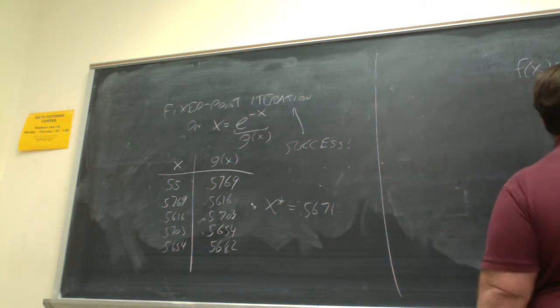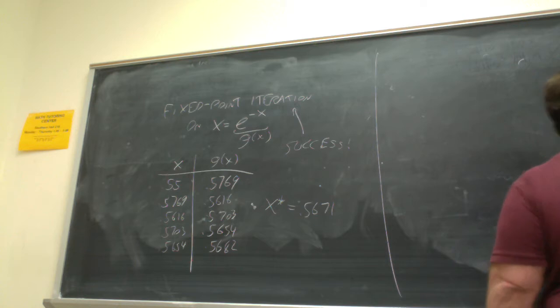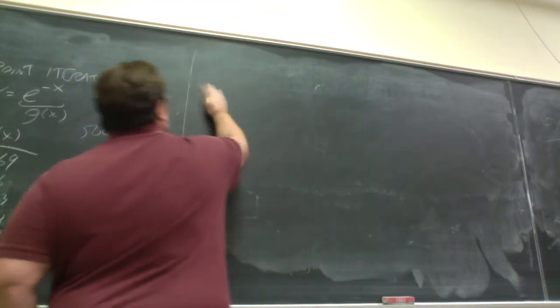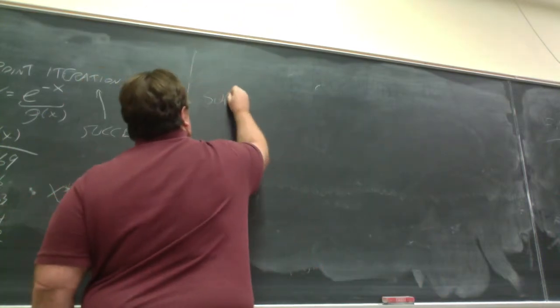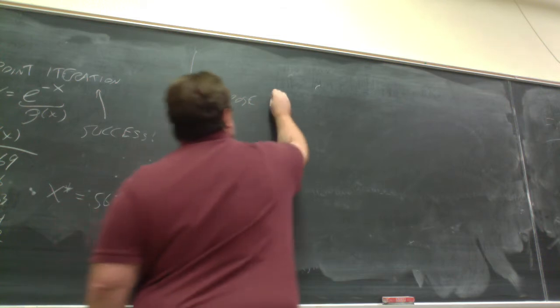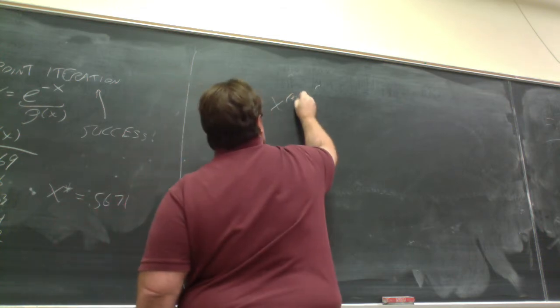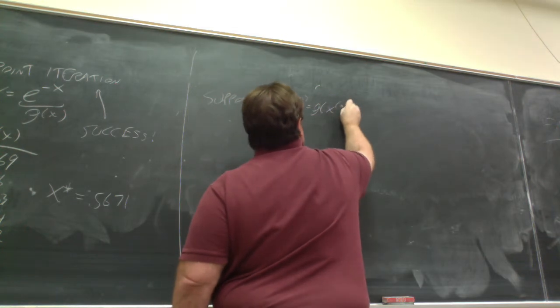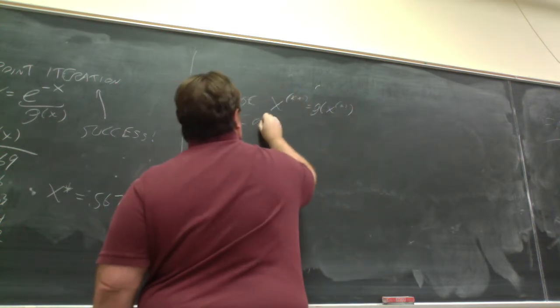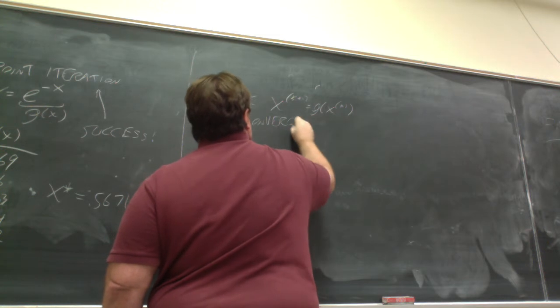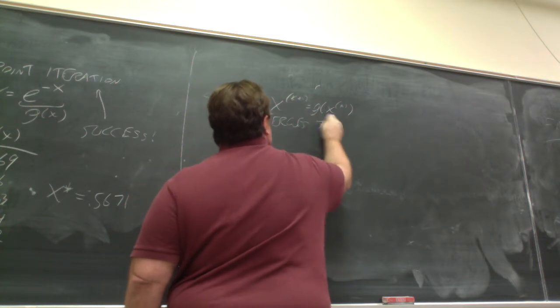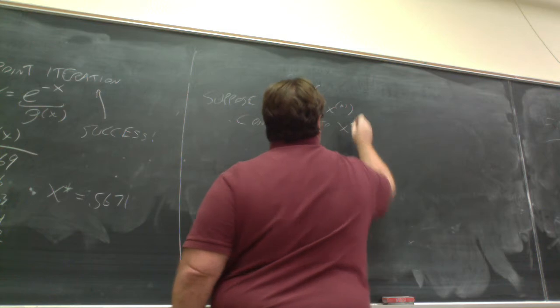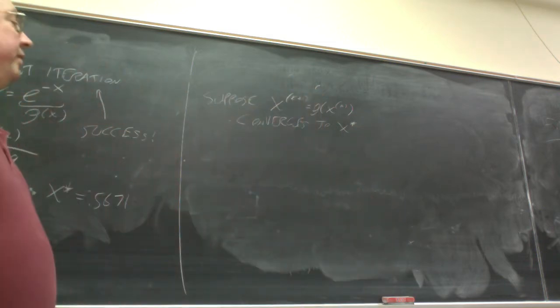Then we'll step back to larger questions like the existence and uniqueness of fixed points. All right. So suppose we have a sequence that fixed point iteration produces. Or at least suppose it has a limit, x star.